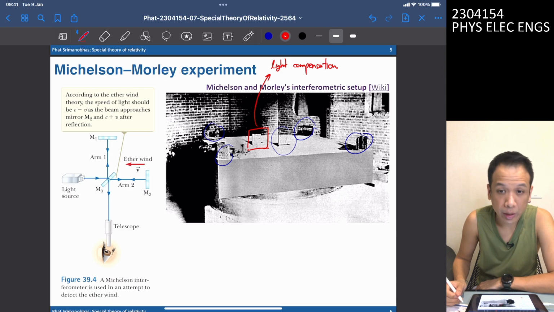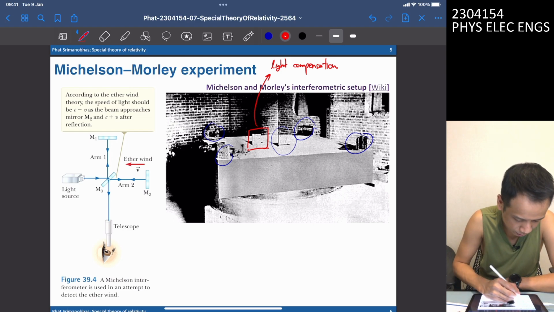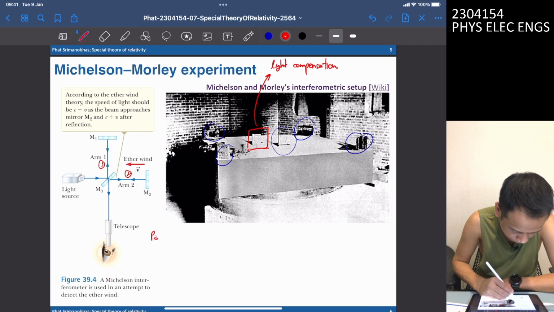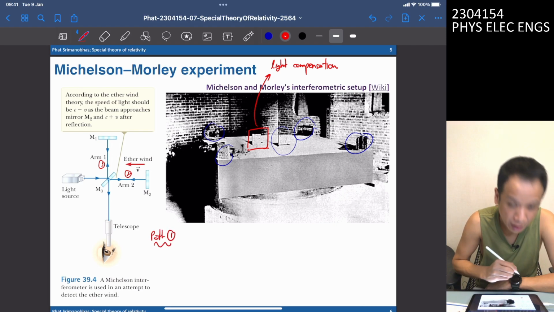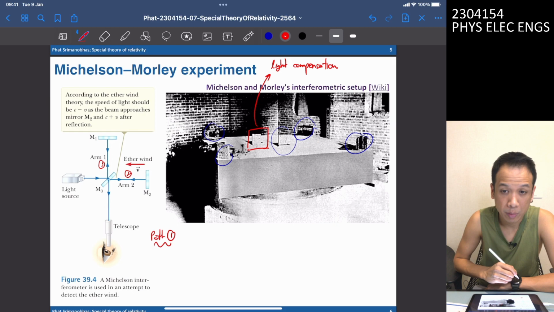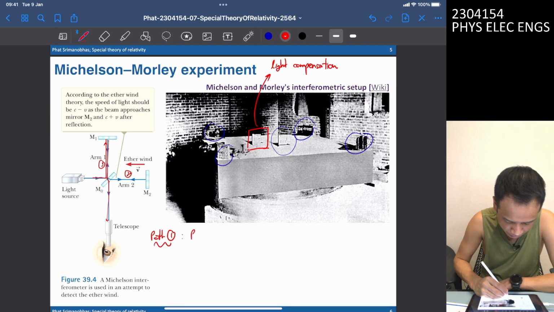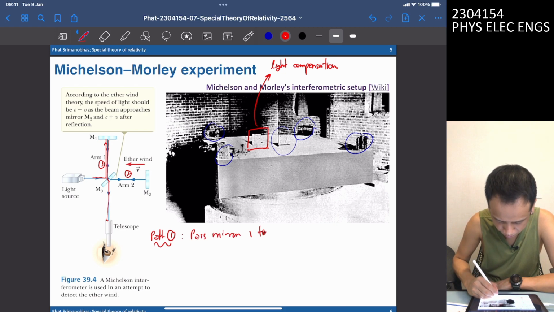If you look at the light, I call this path 1 and this path 2. For path 1, how many times does it pass the mirror? Path 1 goes this way, reflects, goes up, reflects, refracts, and goes to the telescope. So it passes the mirror 1 time.